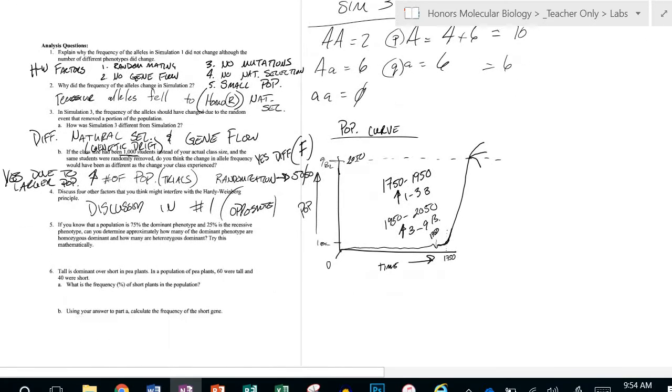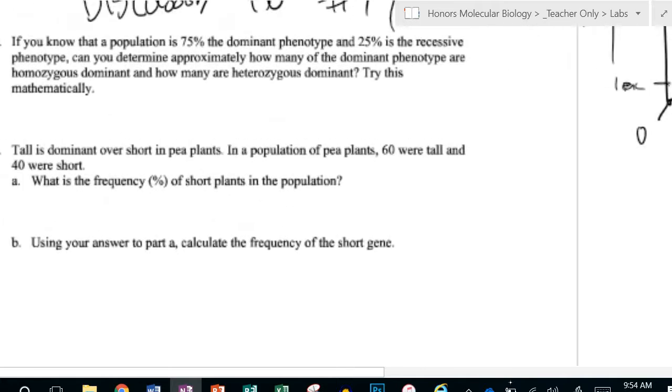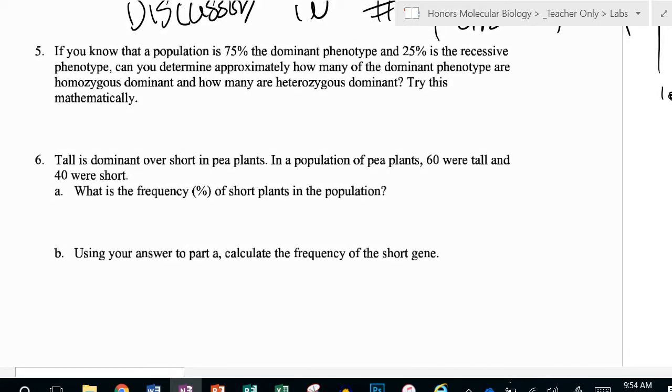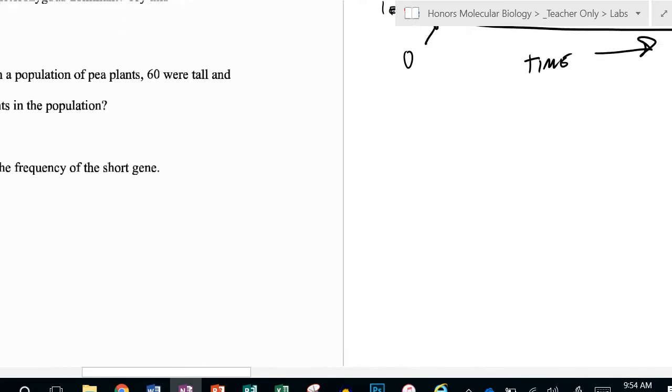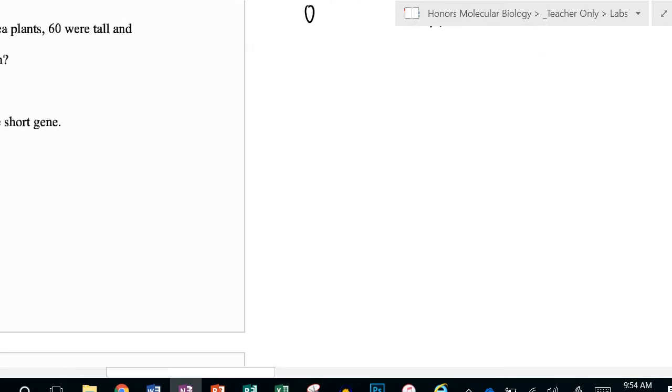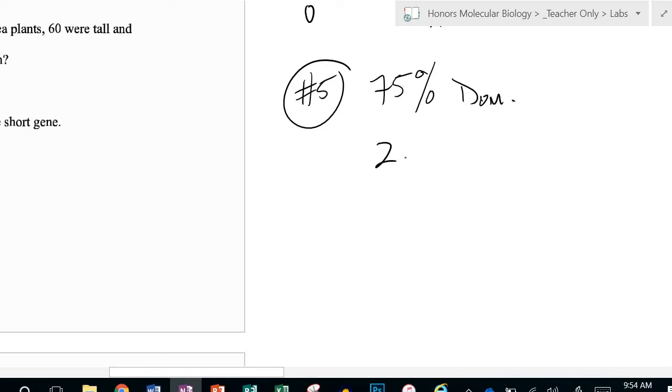Back to question number 5. Let's replicate this question over here to the side. In this case, we know that for number 5, 75% of our population is dominant and 25% of our population is recessive.